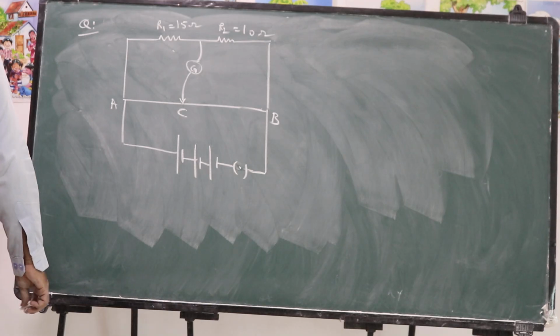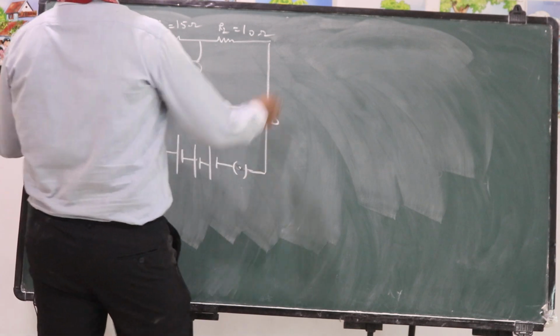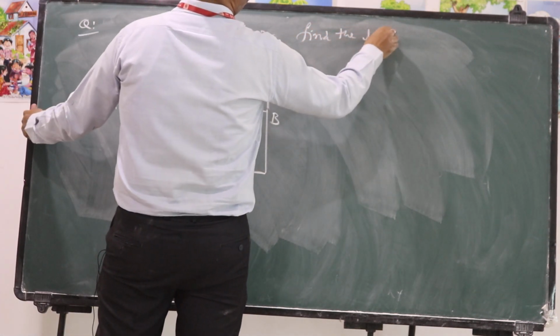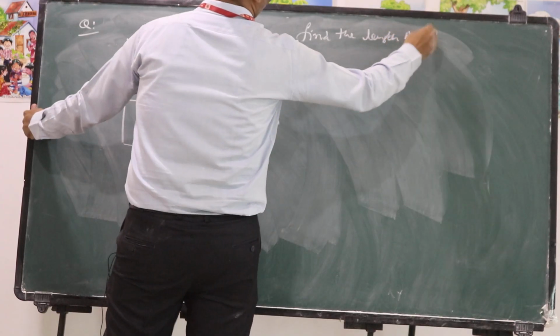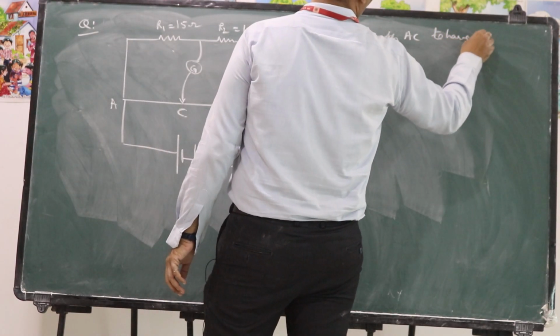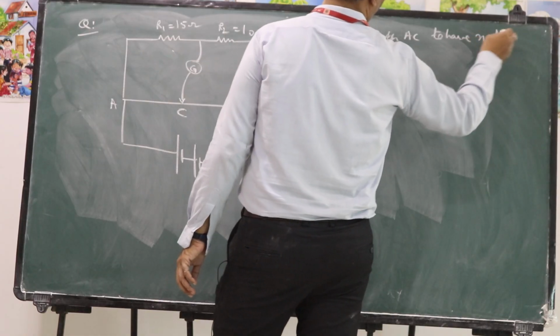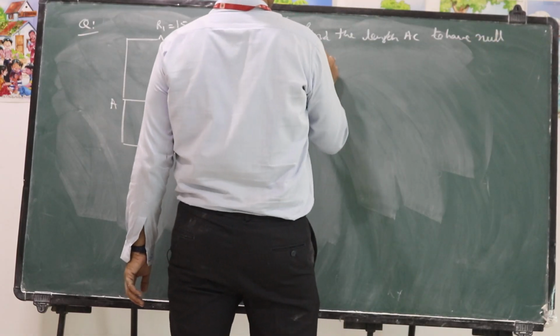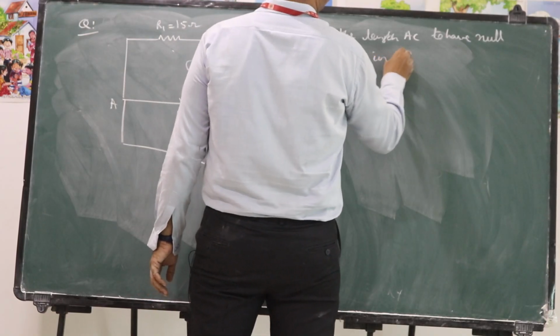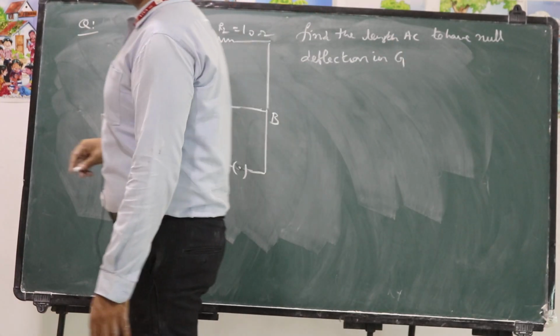Find the length AC to have null deflection in G. G means galvanometer.